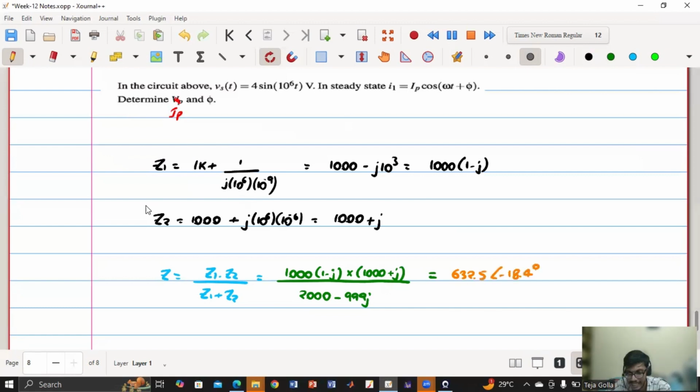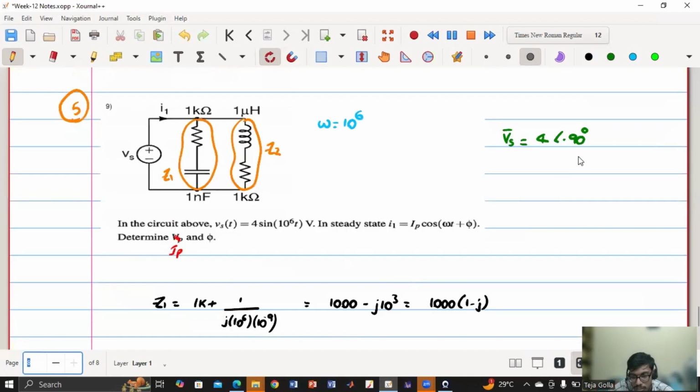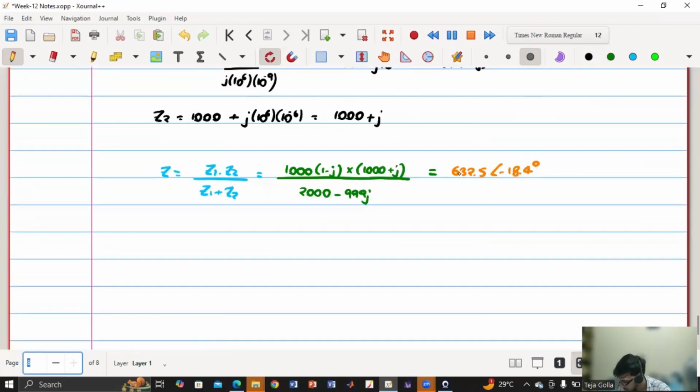So now my I phasor is the V phasor, which is 4 angle minus 90 degrees, divided by Z. So I phasor is 4 angle minus 90 degrees divided by 632.5 angle minus 18.4 degrees. If it is in milliampere, we'll multiply by 10 to the power 3. Can you tell me the value of I phasor?